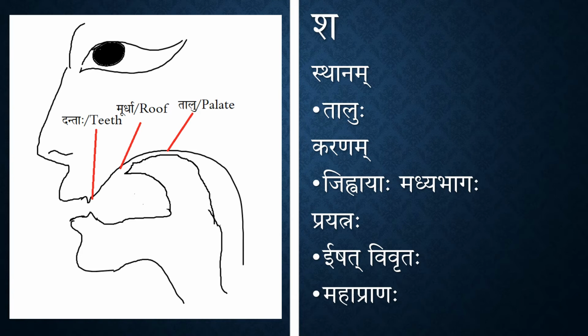The jihva is not going to touch that part; it is going to go very near to it, and then the vayu, or the air, is pushed out. Sh. So this is a somewhat approximate image, or the drawing here, which I'm trying to show. Sh.